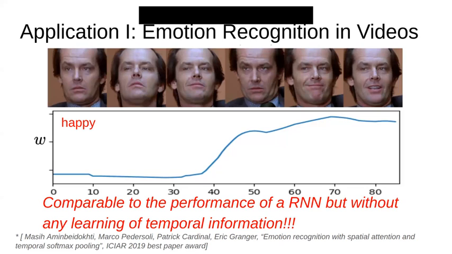But the difference is that in our case, we didn't really use temporal information, while recurrent neural networks really try to associate different frames and learn some kind of temporal associations. While in our case, the only thing that we were doing is giving an importance to each frame, and it seems that for this kind of data that was enough to obtain very good performance.